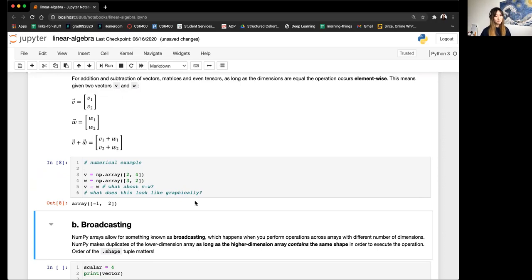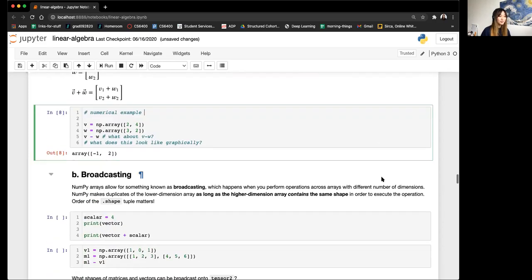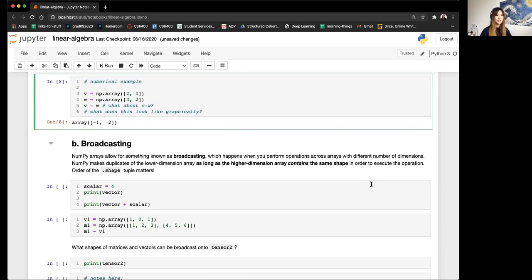Next I want to talk about broadcasting. Is anyone aware of broadcasting? Okay, that's fine. Broadcasting is, I think, what differentiates a NumPy array from a Python list. It's computationally faster, and it makes doing things repetitively easier.